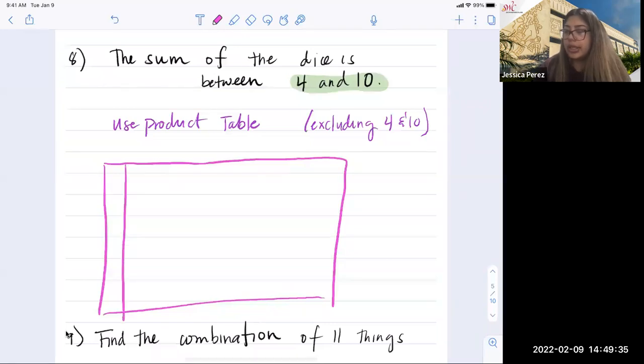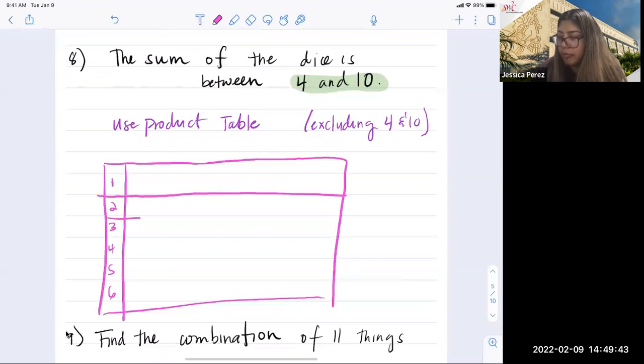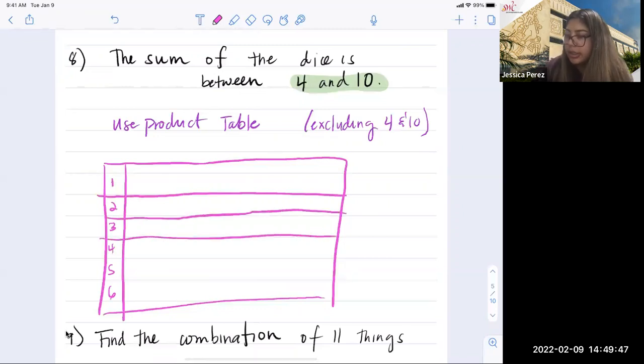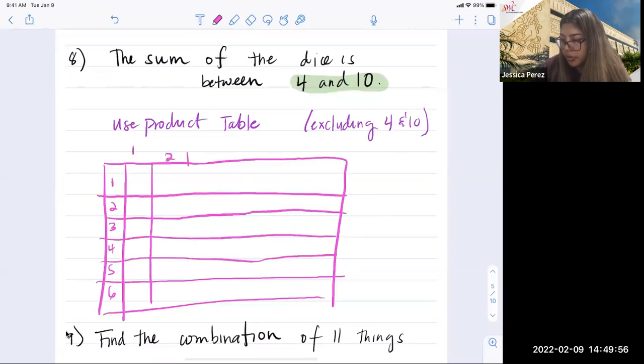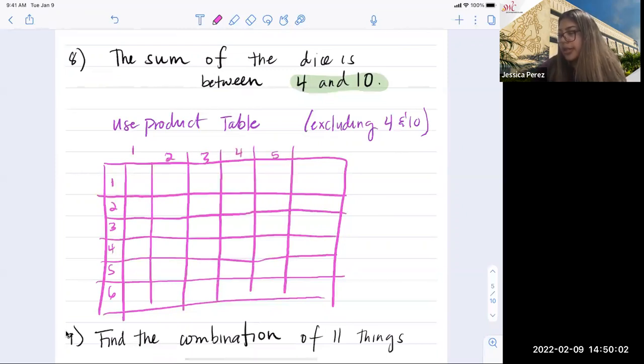So the product table has the choices 1, 2, 3, 4, 5, 6 on your die, and then vertically are your other 6 choices: 1, 2, 3, 4, 5, and 6.